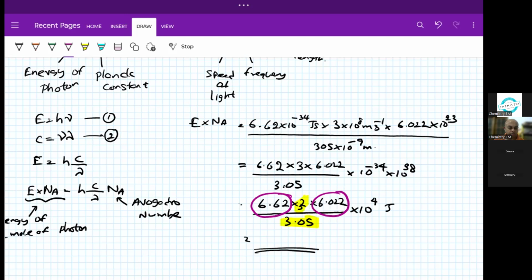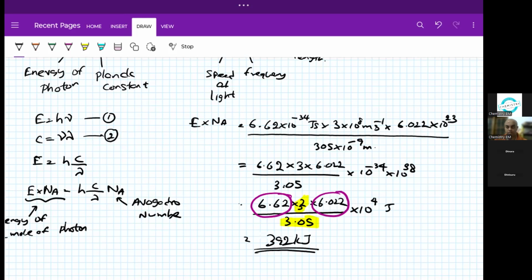If you look at the answers, 302 cannot be, but 392 is the ideal candidate, because 452 cannot be, 512 cannot be, 256 cannot be. The answer should be between 36 and 40, because 6.6 into 6 is around 39.6. So the answer should be somewhere around 390, so the answer must be 392 kilojoules.